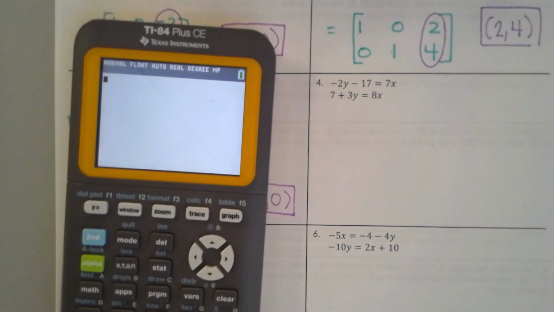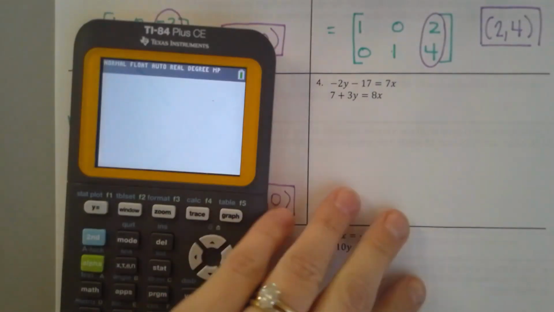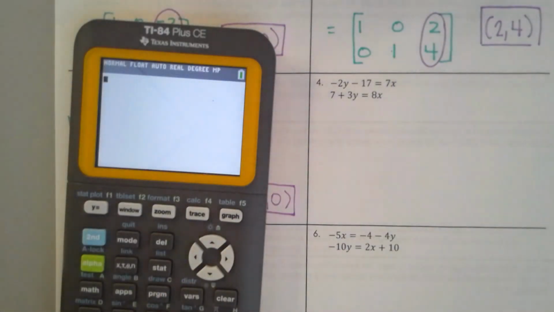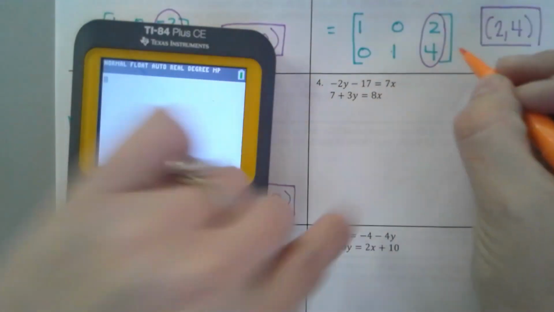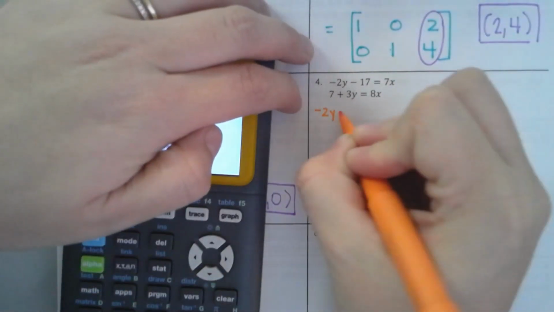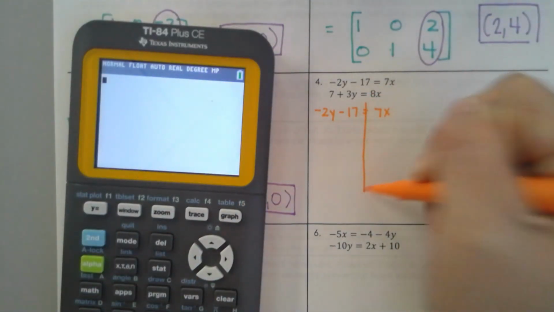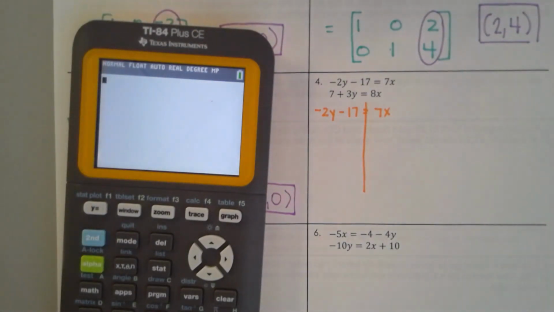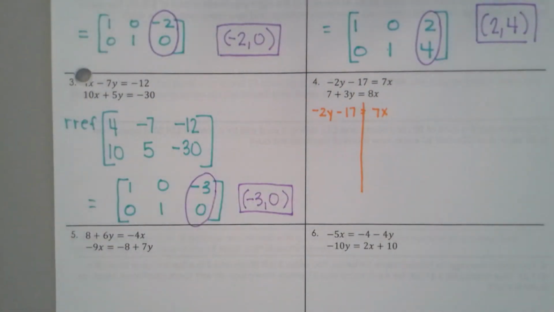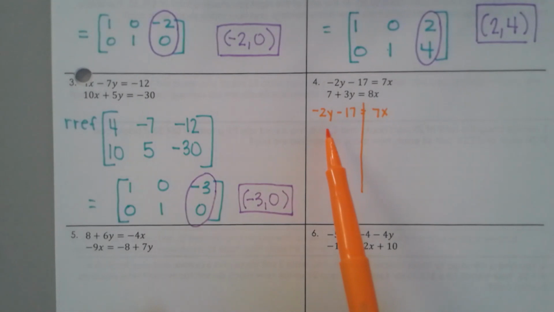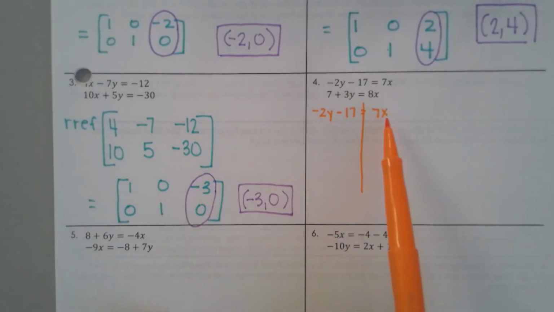All right, number 4. Are they lined up correctly? No, they're not. So we have to move some stuff around. So let's start with this first equation. I need to get my x first, then the y, and then my plain number.